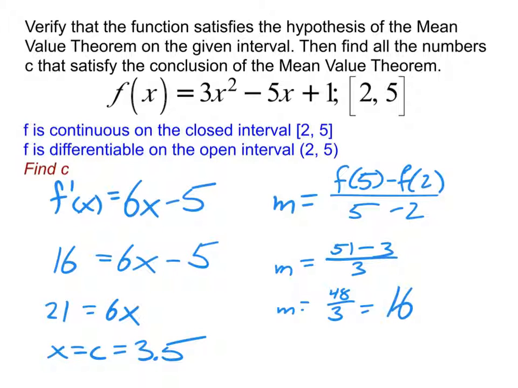That is then our answer. So in other words, what this means is that when x is 3.5, it has the exact same slope as if I drew a straight line between those two endpoints of this function.